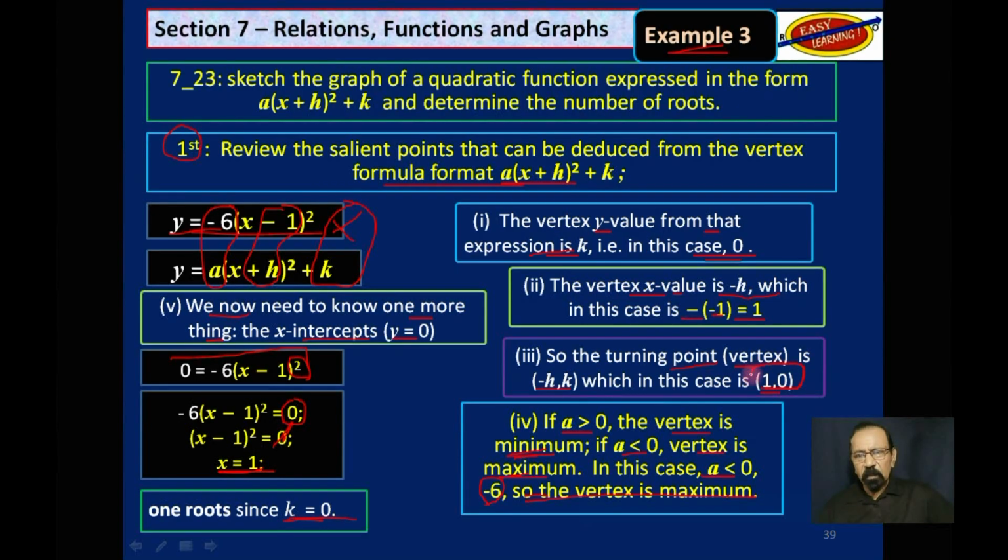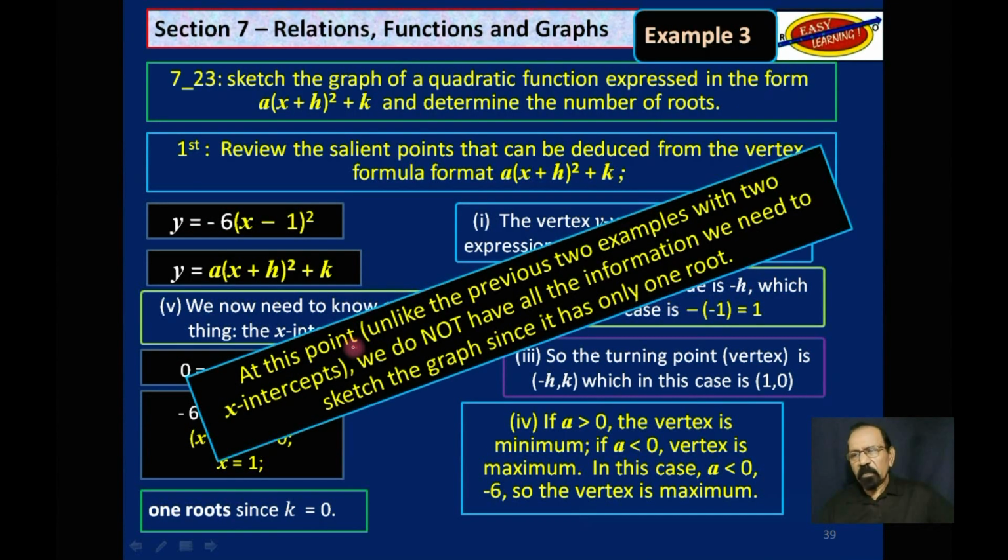1, 0. At this point, unlike the previous two examples with two x-intercepts, we do not have all the information we need to sketch the graph, since we only know one point, which is the root, which is 1, 0.